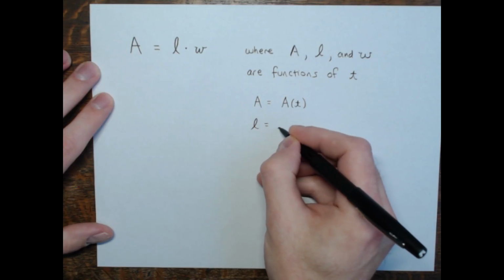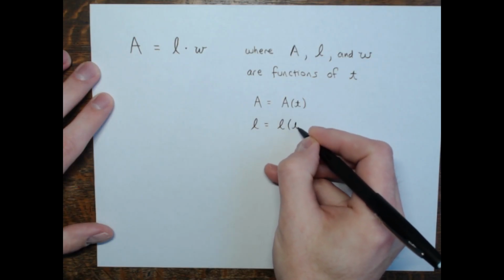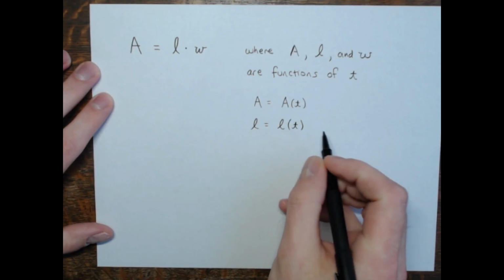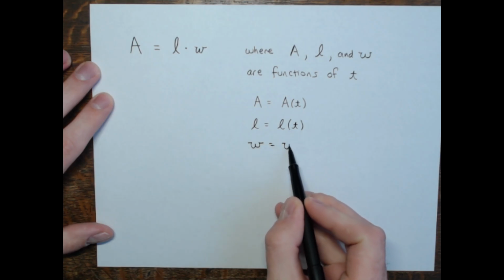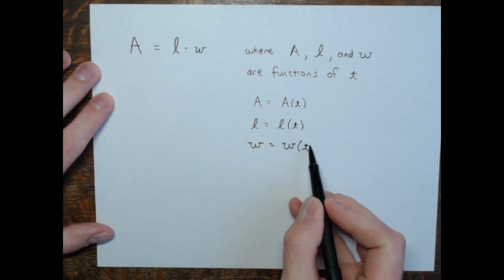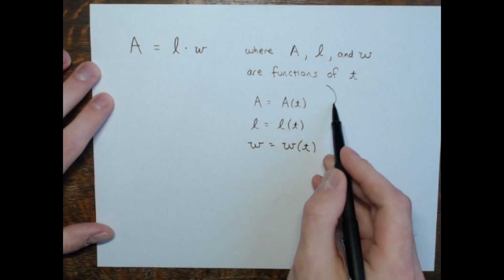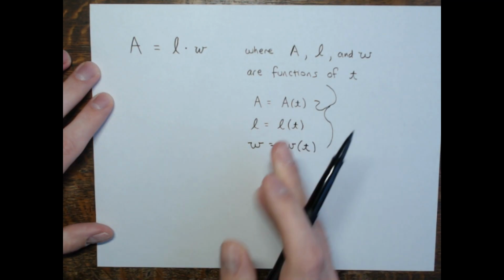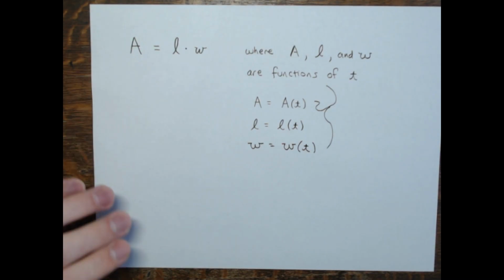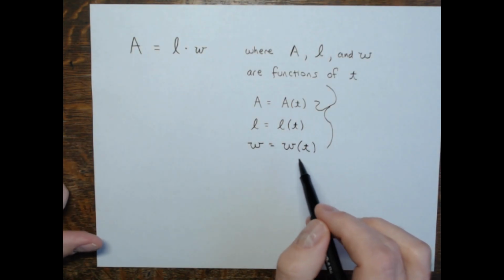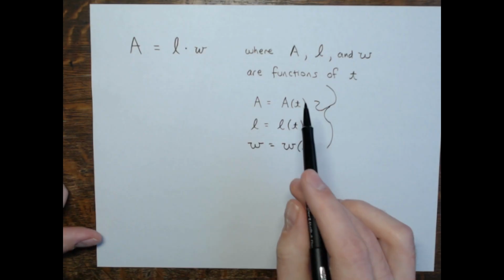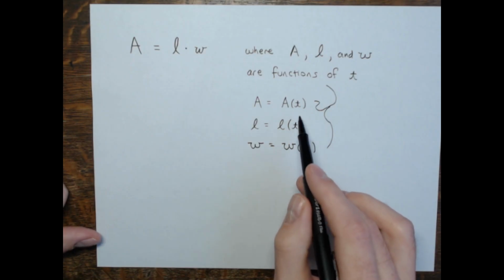L is L of t, again some function of t. And W here is W of t. And that's what I'm saying by this. All of them are functions of this t variable that we don't know. We don't know what these expressions are. And they tell us also that these are differentiable.